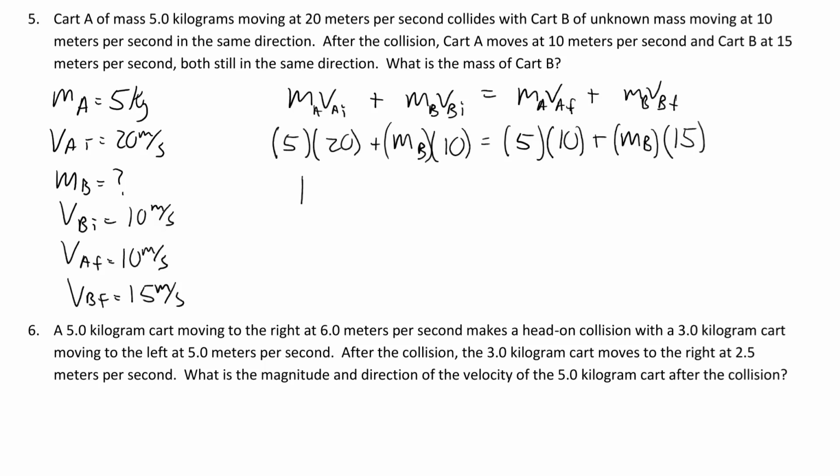So this is going to be 100. So the momentum of A is equal to 100 plus 100 kilogram meters per second. We should be specific, plus 10 MB. That's a weird looking B, is equal to 50 plus 15 MB.